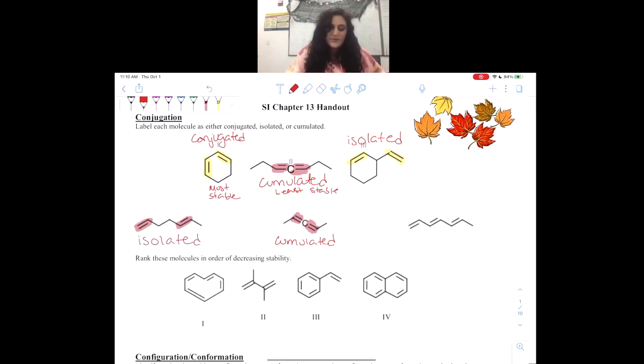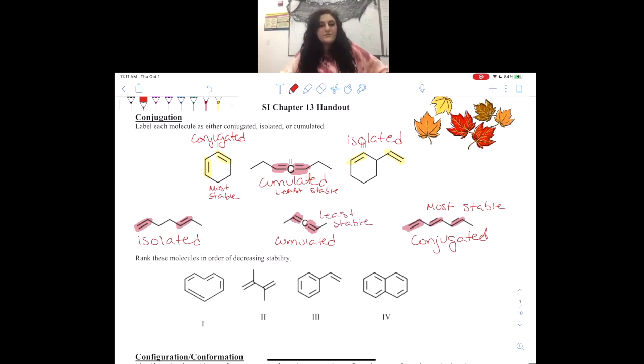And the last one, as we can see, 1, 2, 3 double bonds, and they are 1, 2, 1, 2, 1, 2. So they are 1 single bond apart from one another. So that will be conjugated. And one more time, the conjugated will be the most stable. Cumulated will be the least stable.